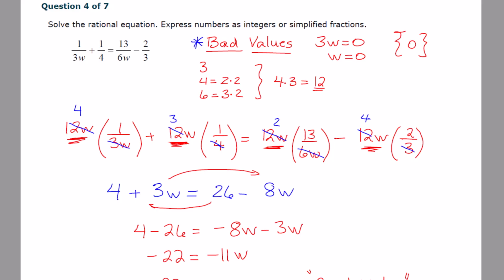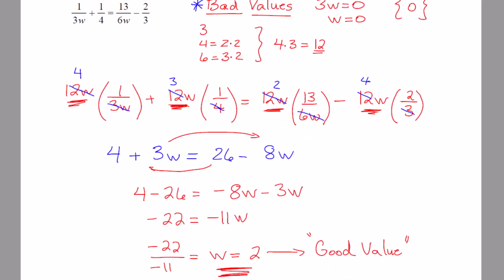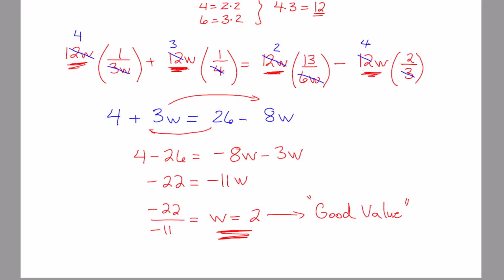So minus 8w minus 3w. 4 minus 26. All right, so I get a minus 22 equals a minus 11w. So divide by minus 11, and I get w equals 2. And that's fine. I get to keep that number because it's not the bad one, which was 0.